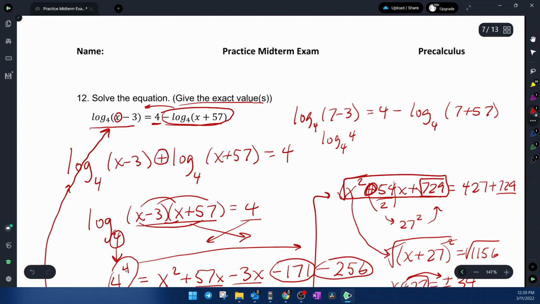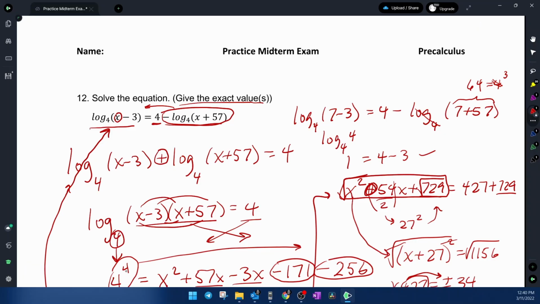Log base 4 of 4 is 1. 7 plus 57 is 64. 64 is 4 cubed, and here we can see that the bases will cancel, so that will leave me a 3. 4 minus 3 is 1, and so the 7 checks out.